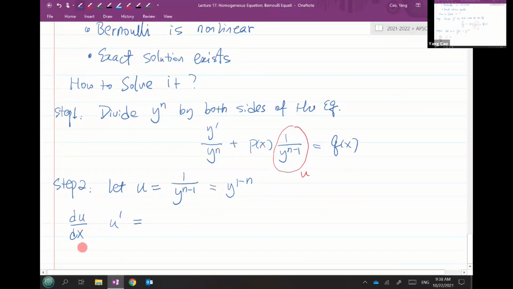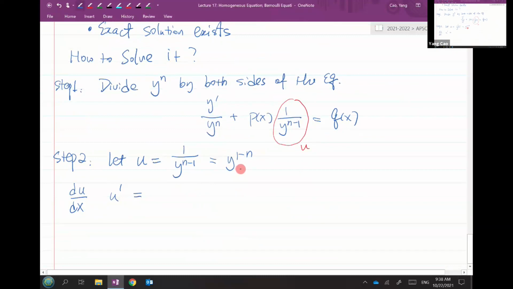So you take the derivative of y to the power 1 minus n, as a power term. This is 1 minus n, y to the power 1 minus n minus 1, which becomes y to the power negative n. Chain rule, and then y prime. So that's your u prime, which gives you this expression.